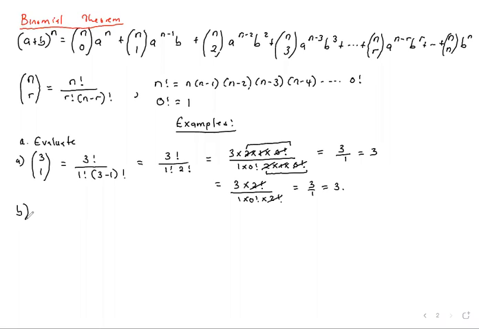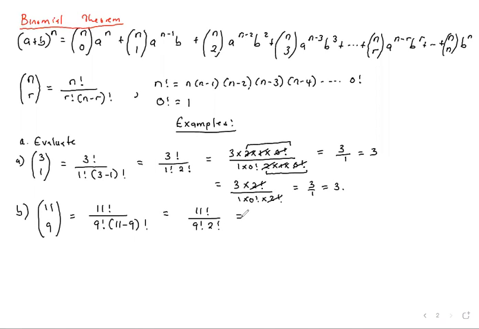Let's see 11 choose 9. This is 11 factorial over 9 factorial, 11 minus 9 factorial. That's 2 factorial.